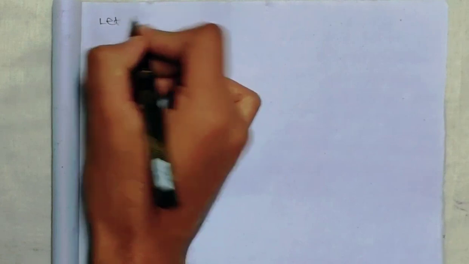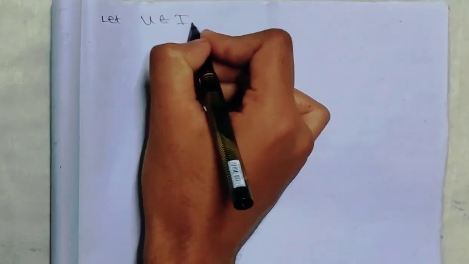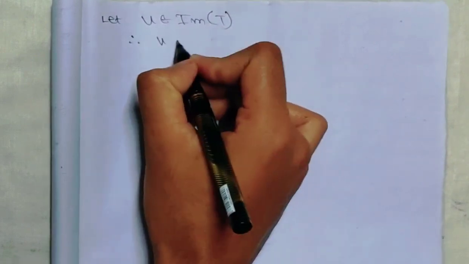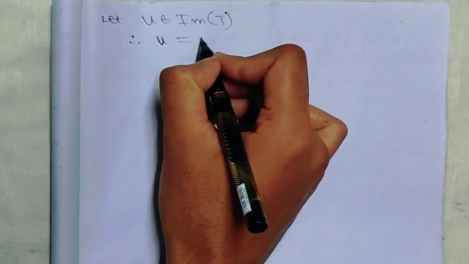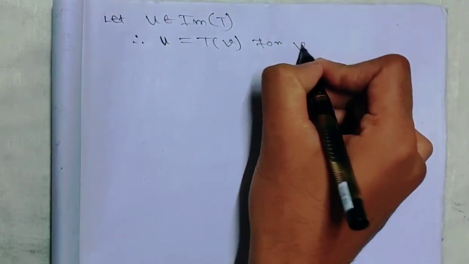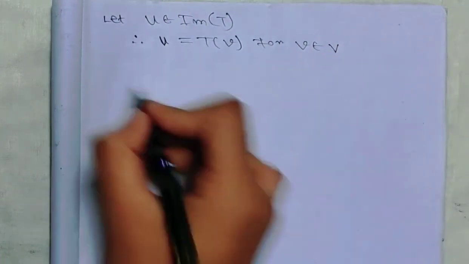Now let u belong to the image of T. Therefore u equals T of v for some v belonging to the vector space.